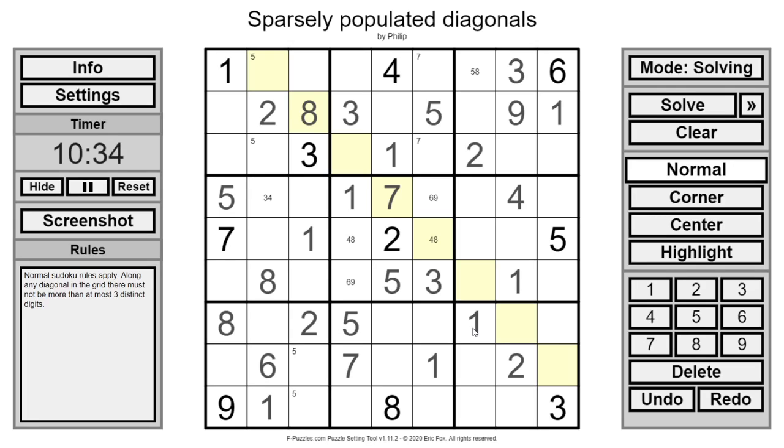What other diagonals should be looked at now? That diagonal has 2 already, 3 and 7. 3, 7, and a 4 and 8.